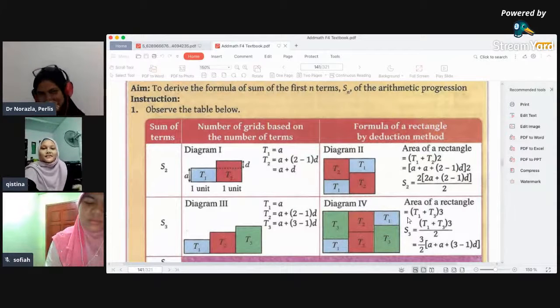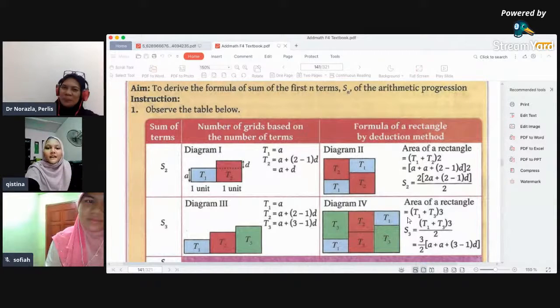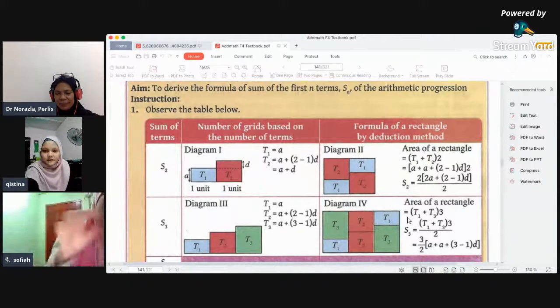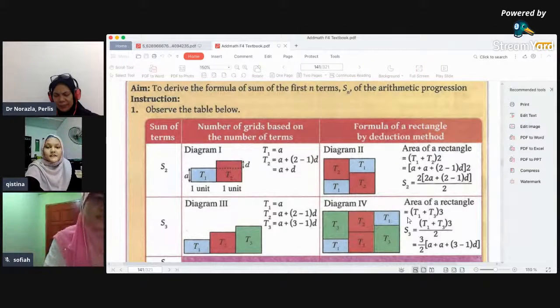Okay, let's continue to S3. The same grid T1 and T2, but there is one additional grid T3 with the same D. We can obtain the value of T3 by using the formula of Tn equals A plus n minus 1 D. So now we have obtained all the information from diagram 3.